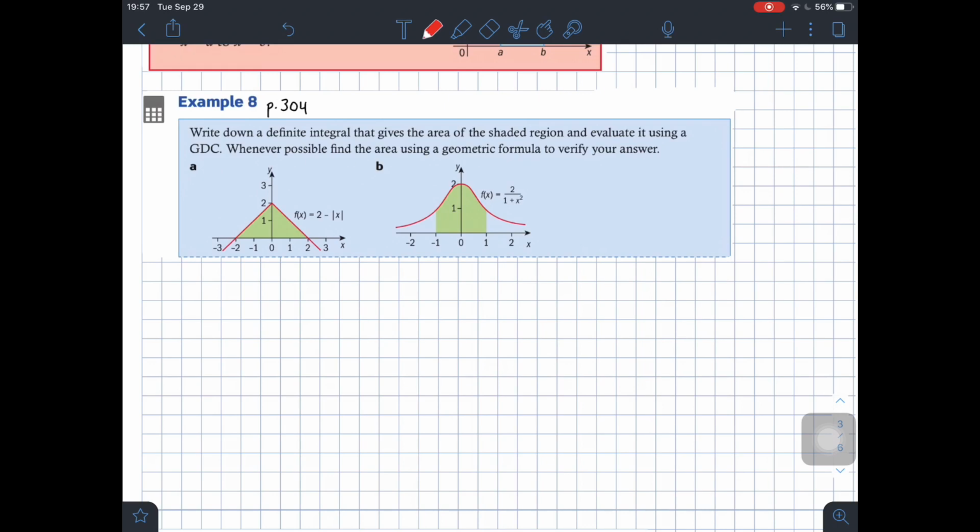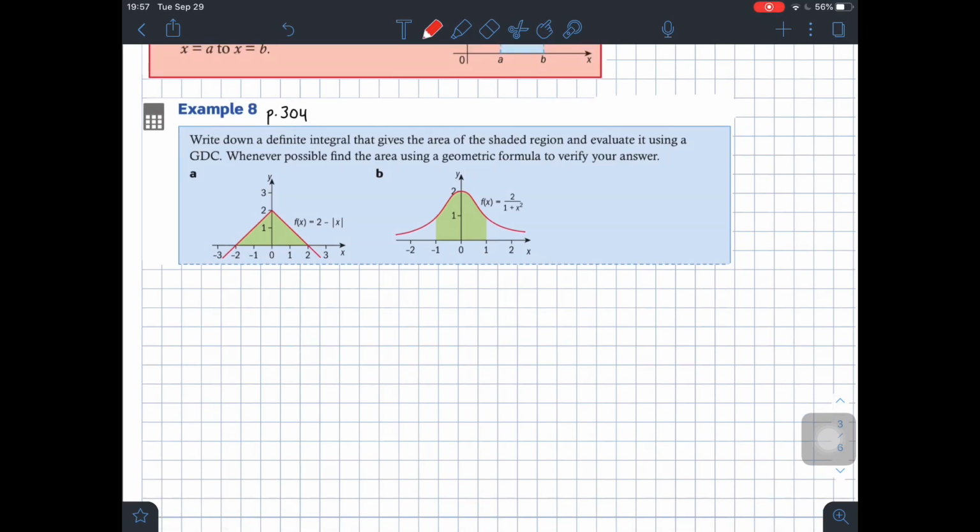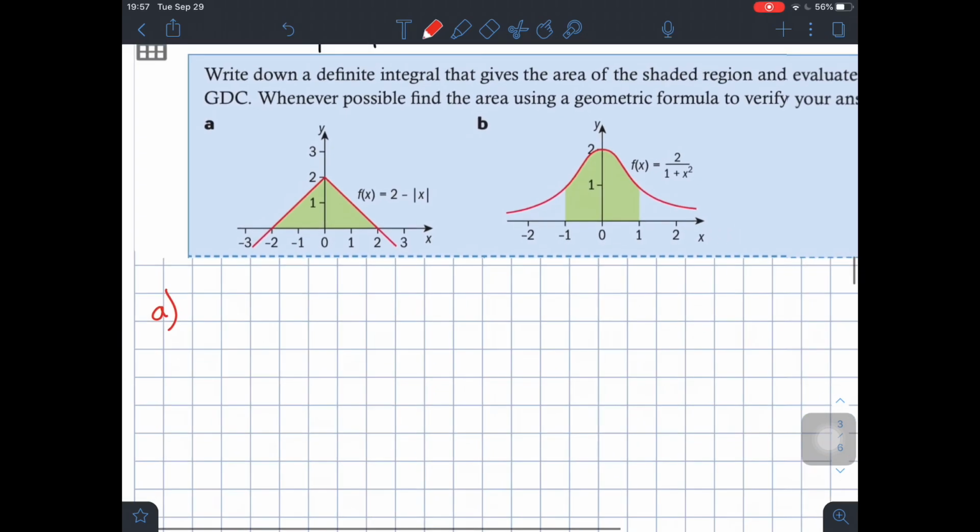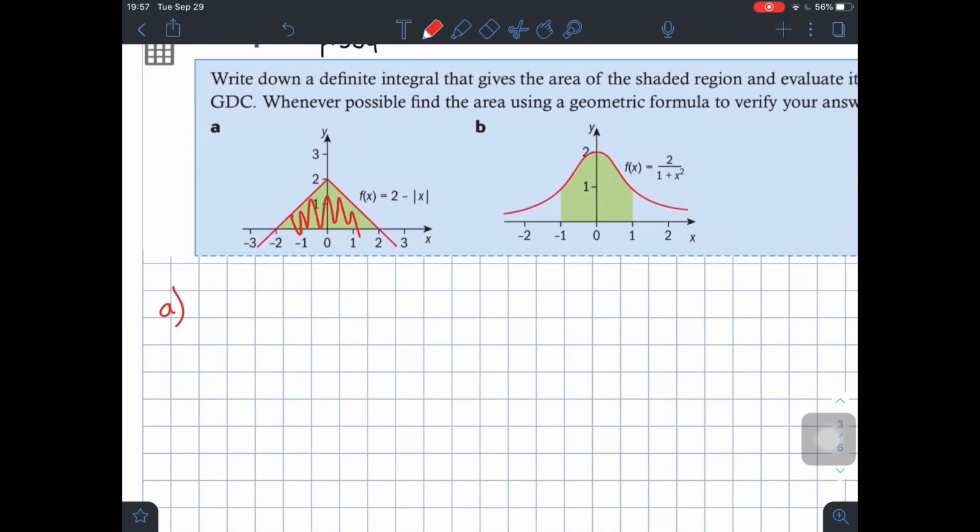It says, write down a definite integral that gives you the area of the shaded region and evaluate it using calculator. Whenever possible, find the area using geometric formula to verify your answer. Okay, so we're going to be doing the same thing we just did in the investigation above. So for part A, we want to find the area of the green region here, right? We see that it is a triangle.